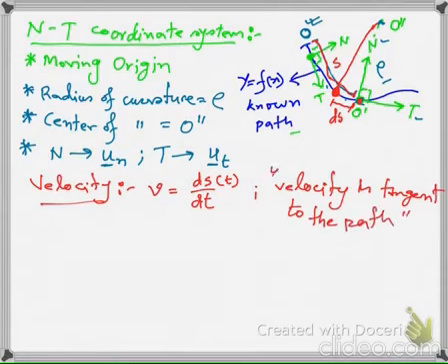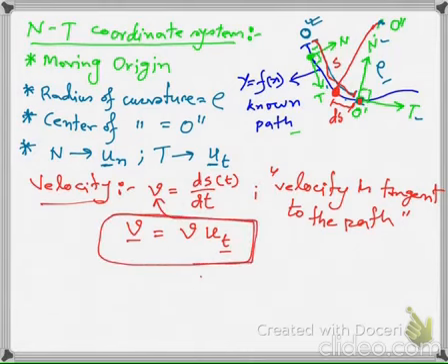So if we want to know the tangential component of the velocity, then all you have to do is take the magnitude of the velocity and multiply it by the unit vector in the t direction. And we know that this is ds over dt. So this is how we define the tangential component of the velocity.